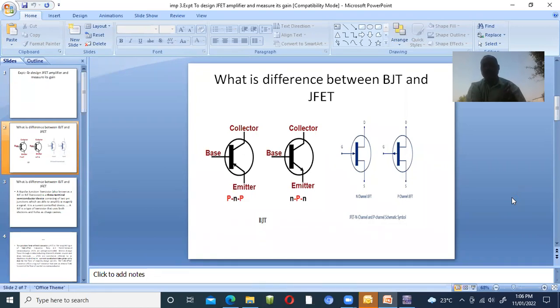That's why NPN is used in about 98% of applications. PNP indicates that holes are major, and holes are positive charge, which we don't use much for conduction. So PNP is used in only about 2% of applications in the world.